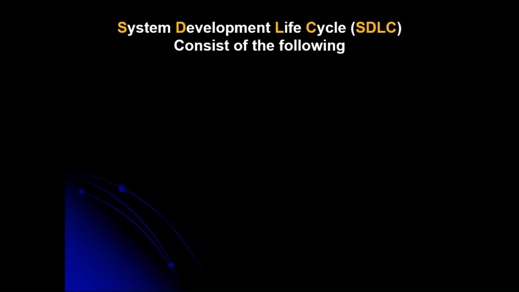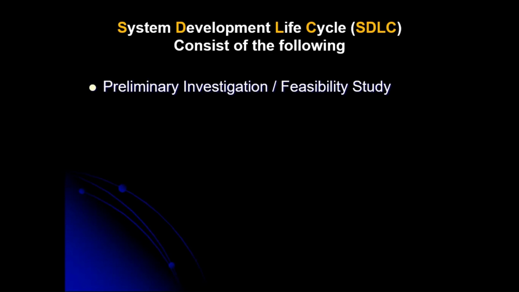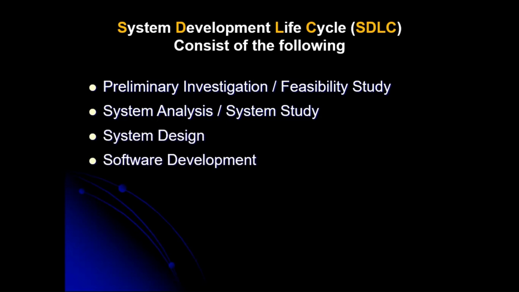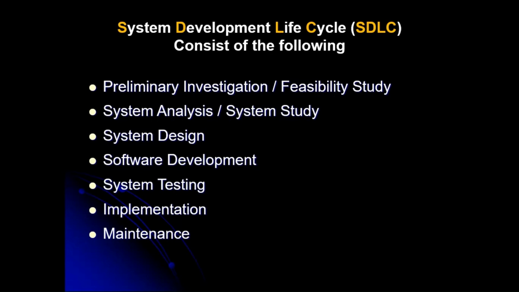Okay, let's start with the second session of chapter 5, which is System Development Life Cycle, or SDLC. SDLC consists of 7 phases, namely preliminary investigation or feasibility study, system analysis or system study, system design, software development, system testing, implementation and maintenance.